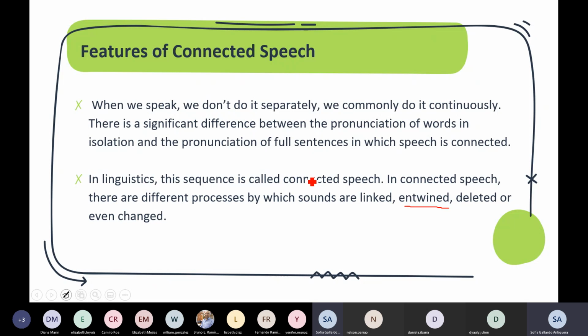So this is where features of connected speech appear. We have different features that help us to make our speech more understandable, or sometimes to sound more like a native speaker. So that is what features of connected speech usually do.